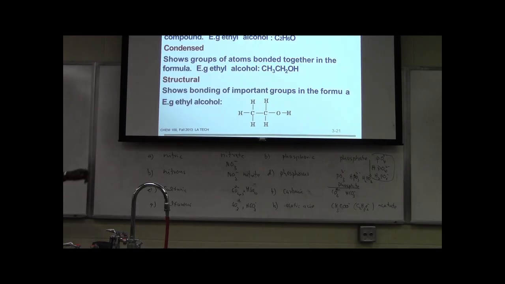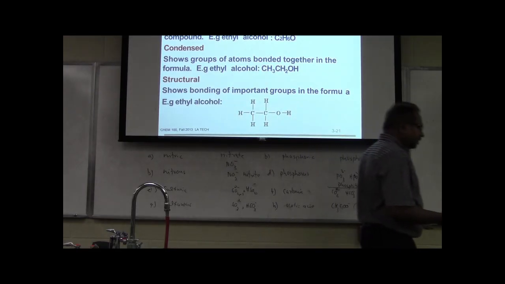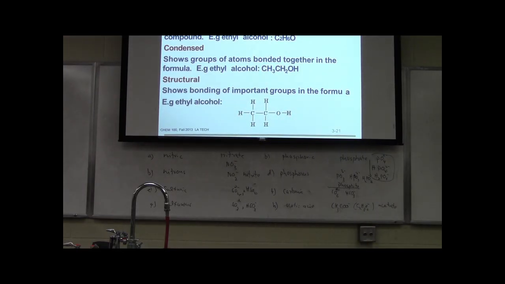Okay, we're going to go to, what problem was that? 6. Okay. Now, I was talking about this. There are molecular formulas for molecular compounds, which could be empirical.